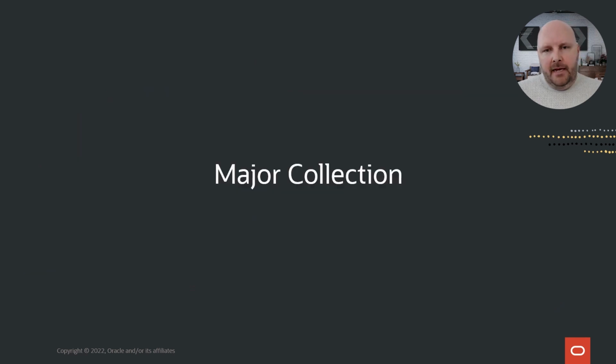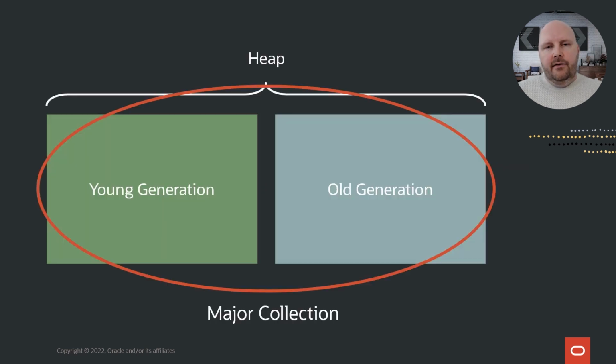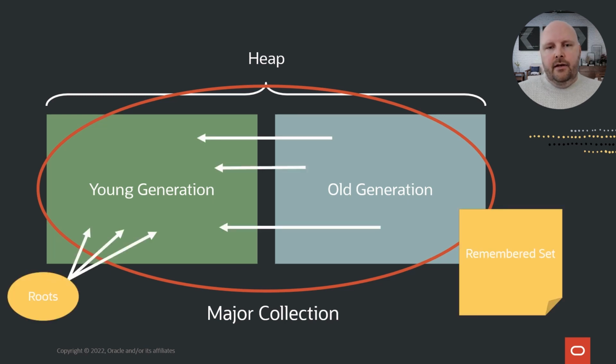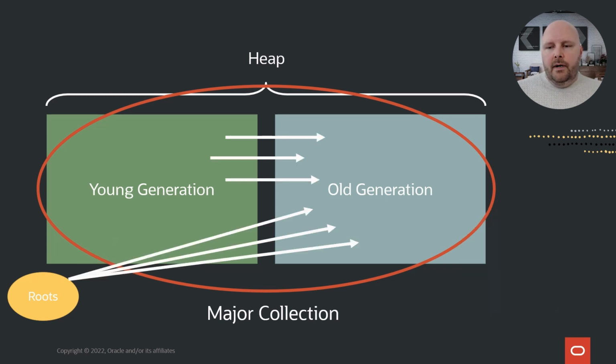Then we also have major collections, and that is a type of collection that first collects the young generation and then the old generation. And like I just said, using roots and the remembered set, we collect the young generation, and then that's followed by collecting the old generation, and that's done, again, by scanning roots to follow pointers pointing into the old generation, in addition to pointers we found while collecting the young generation.